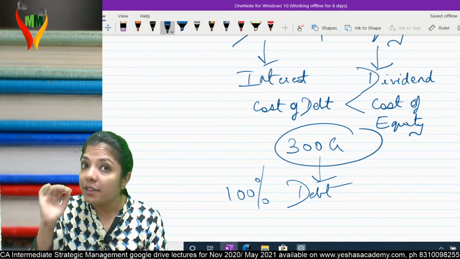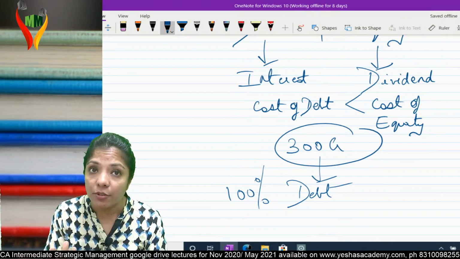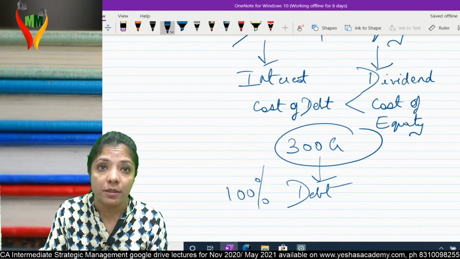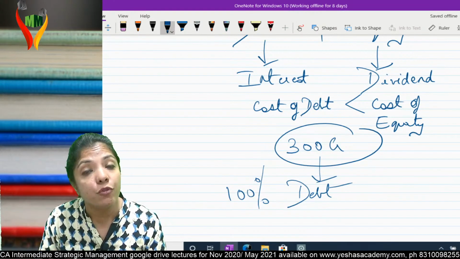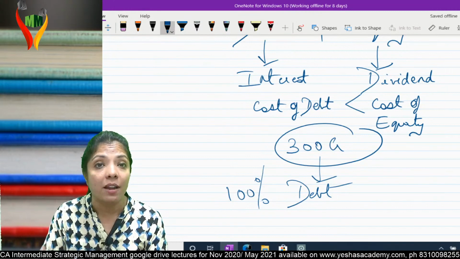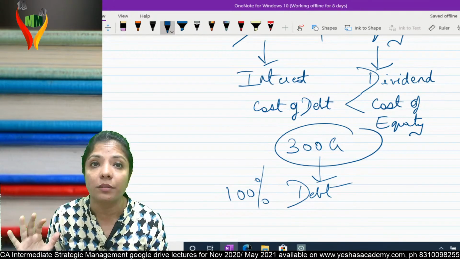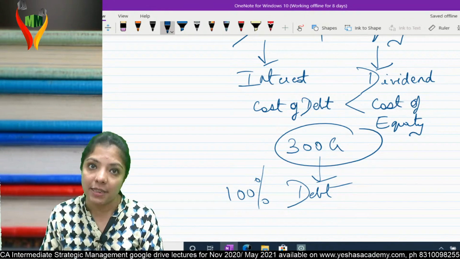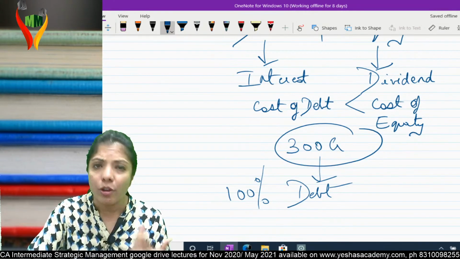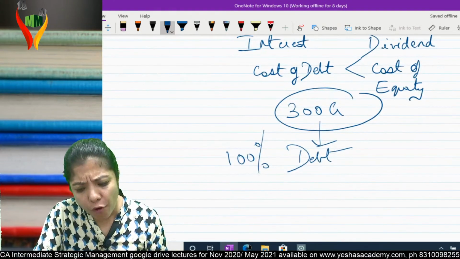In the earlier years of your business, when you don't have that much return or may not even have return, you'll have to pay the interest regardless. So I should not go for 100% debt. Okay, let's do one thing. Let's go for 100% equity.